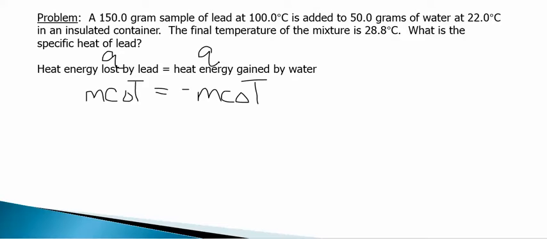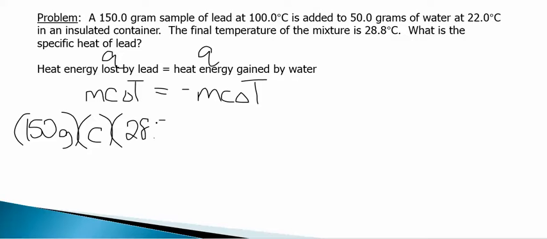So we'll start with the lead. The mass is 150 grams. We're solving for the specific heat, which is C. Delta T, TF minus TI. Well, TF is 28.8. TI for the lead, it started at 100.